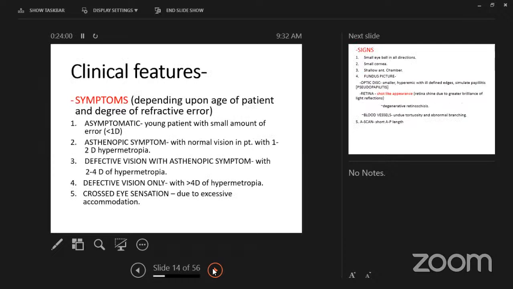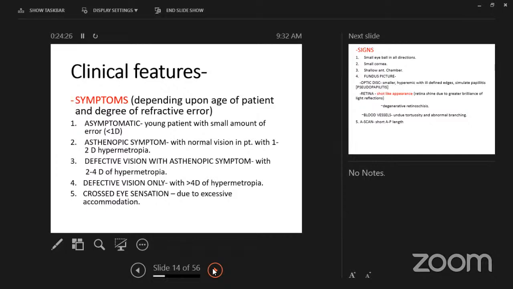Then clinical features depend upon the age of the patient and the amount of error. A young patient with a small amount of error, less than 1 diopter, is asymptomatic. If hypermetropia is moderate, vision is good due to accommodation power, but due to sustained accommodation they develop asthenopic symptoms like headache, blurring, fatigue of the eye, and photophobia.